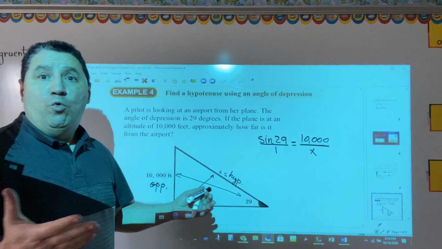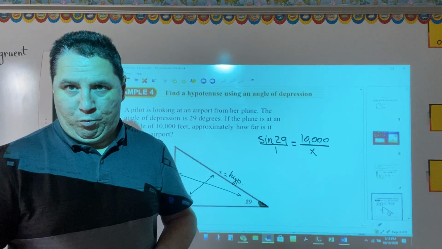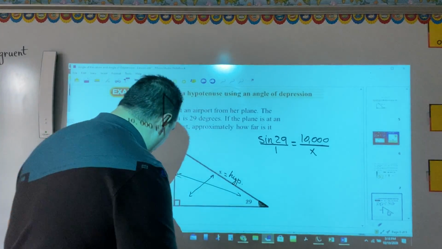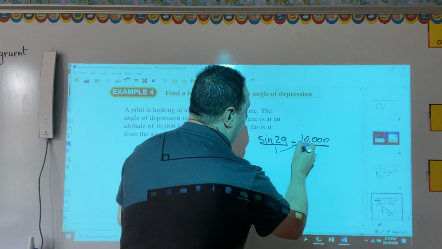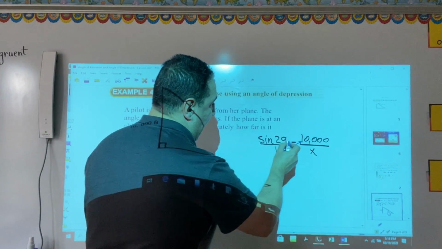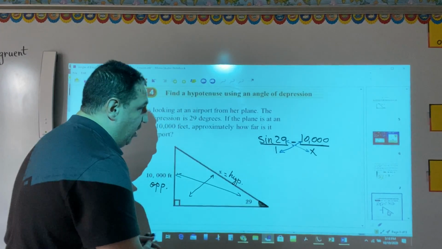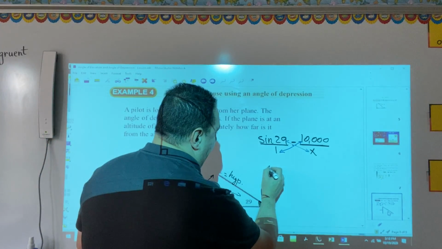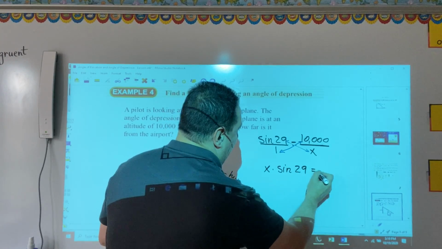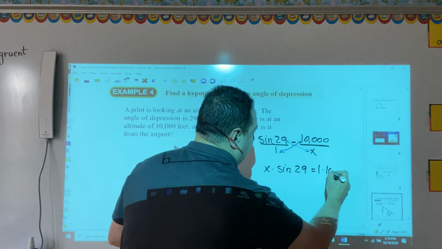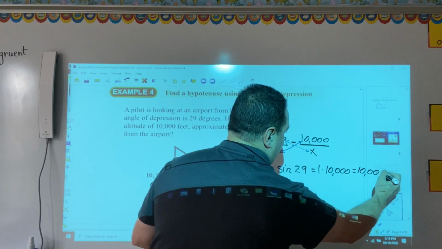Now, we know in order to solve a proportion, we use cross multiplication. So we multiply 1 by 10,000 and x by sine of 29. So we're going to have x times sine of 29 equals 1 times 10,000, which is the same as 10,000.